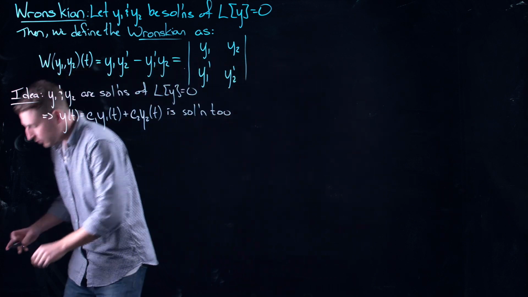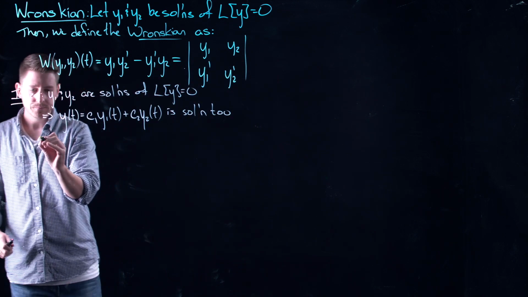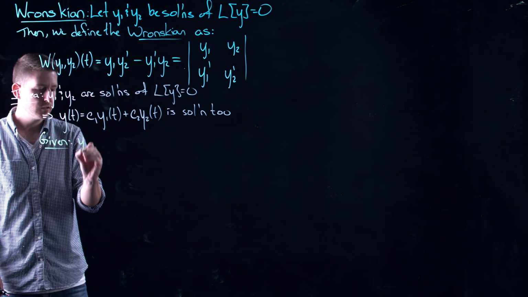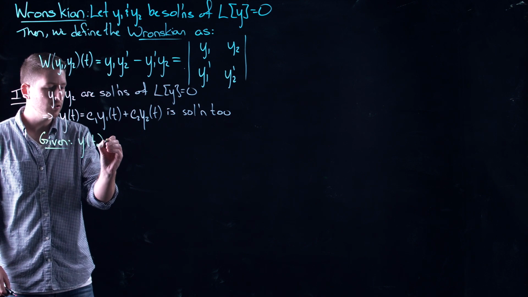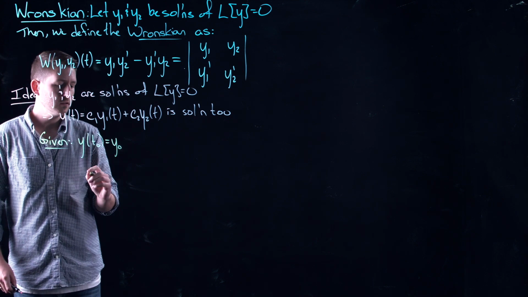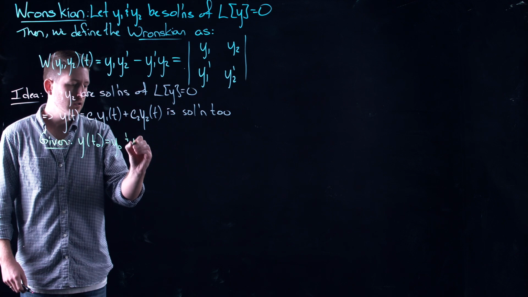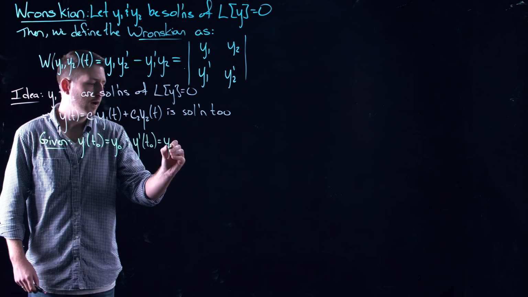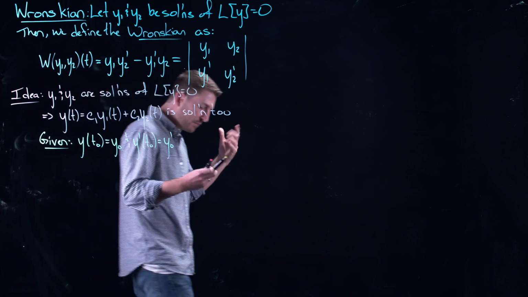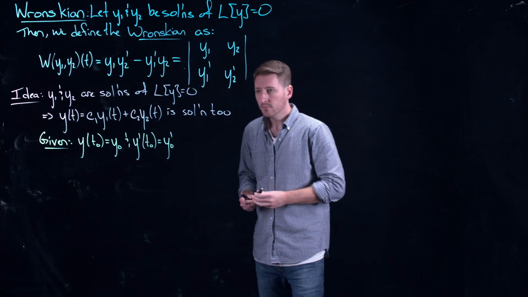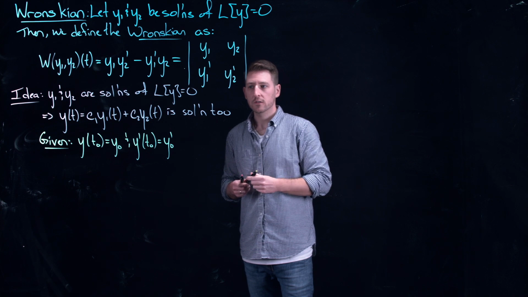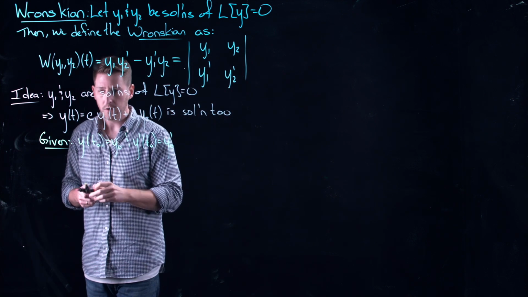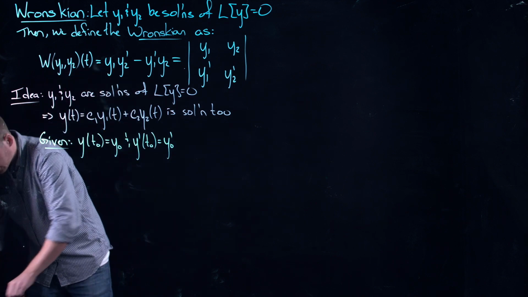All right, so that's the principle of superposition at work. Now, let's assume further that we're given initial conditions. So you tell me that you want to go through the point y0, and you want its derivative to go through the point y0 prime. So you give me these conditions. Then I say, okay, well, I can do this, right? I can put this together for you, because what does this actually do?